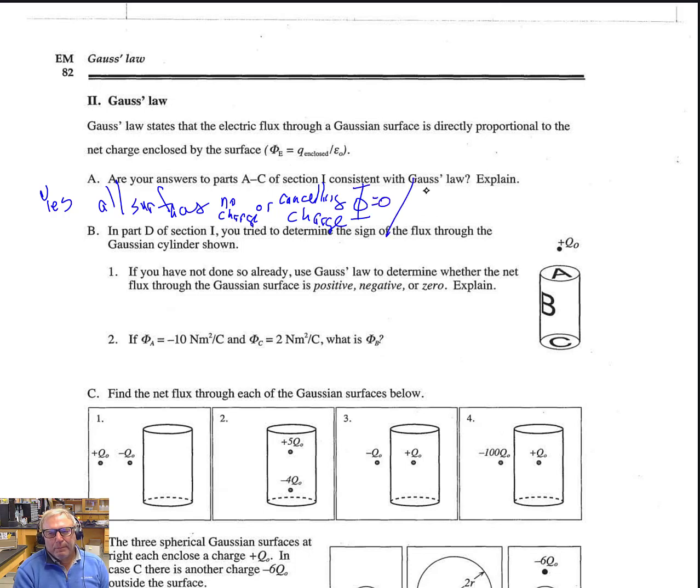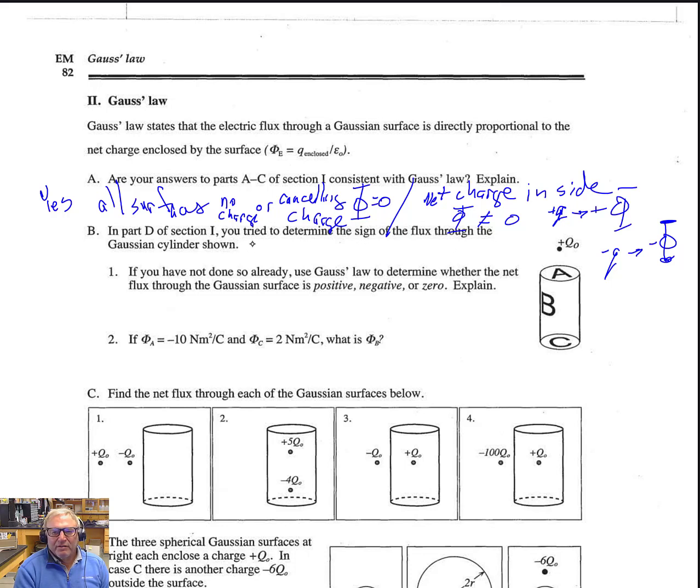And then a net charge inside means flux not equal to 0. Plus Q is plus phi, and minus Q is minus flux, negative flux, if there's a net. Okay.